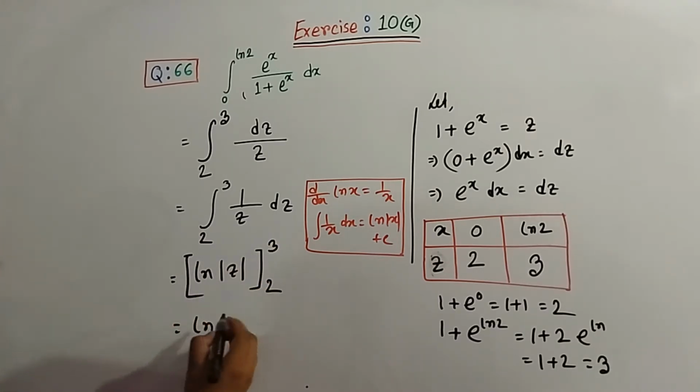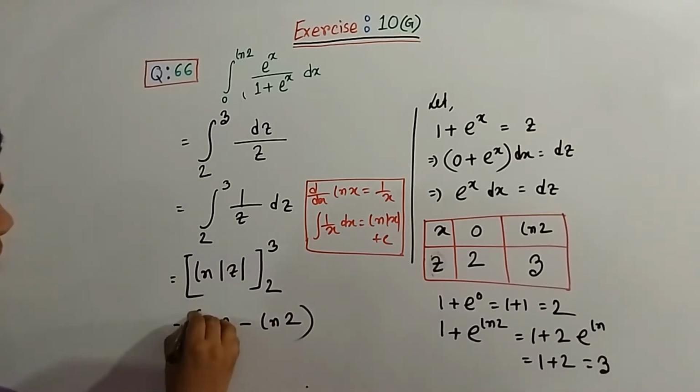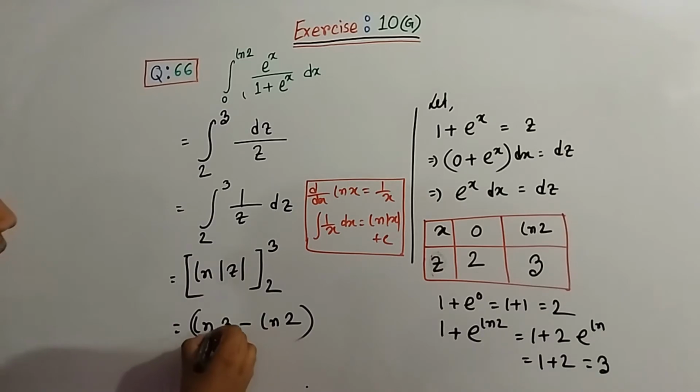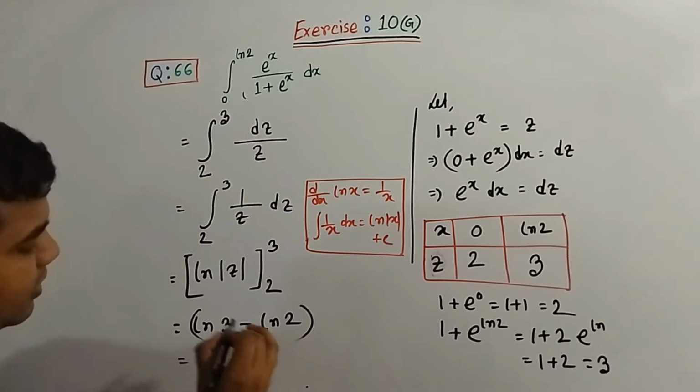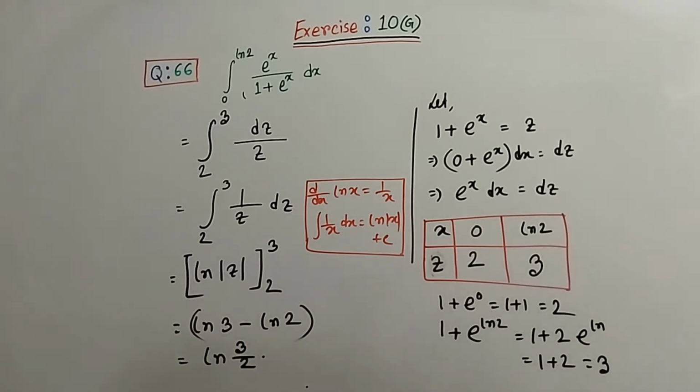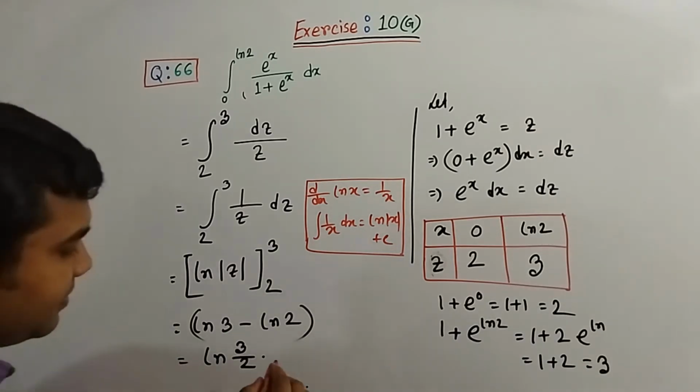Then finally we will get ln 3 minus ln 2. So what will be the value of ln 3 minus ln 2? No need to go for the calculation, rather we know log a minus log b is log of a over b, so this can be written as ln 3 over 2. So this ln 3 over 2 will be our required answer.